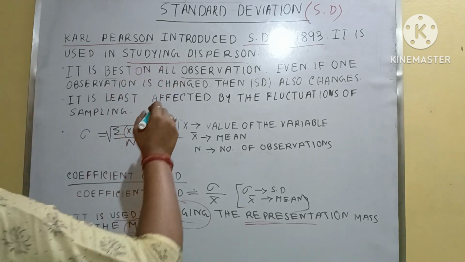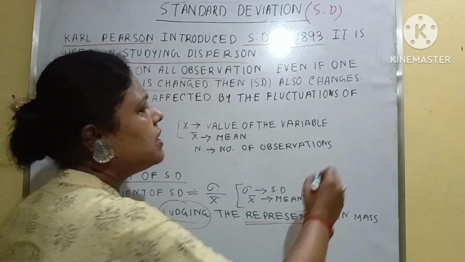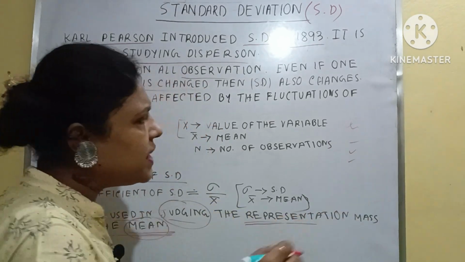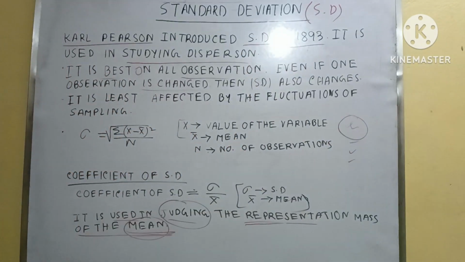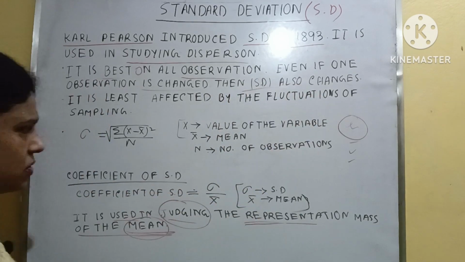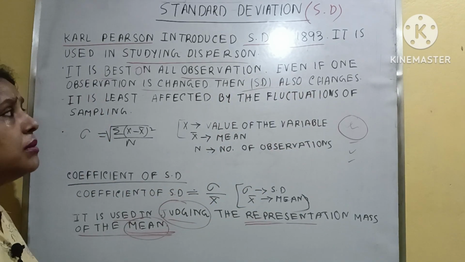And if any observation is changed, somehow, since there are a number of observations, if there is a change in one observation, that means the SD also changes. This is an important factor.